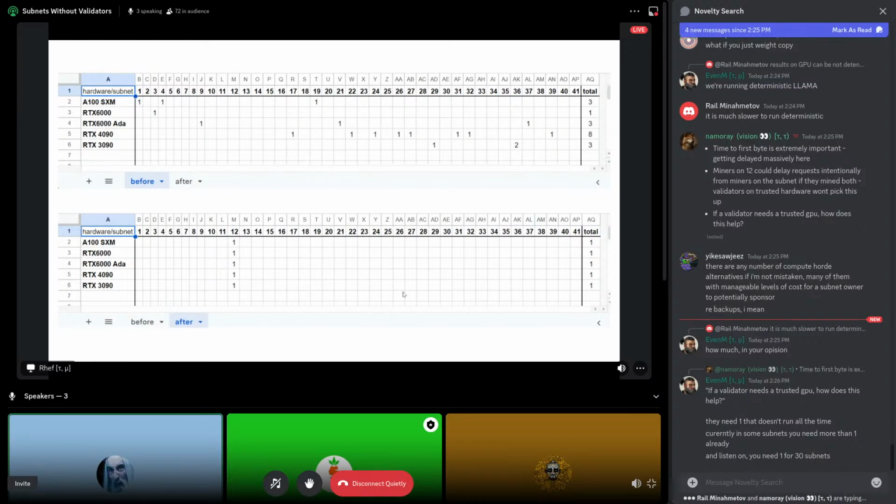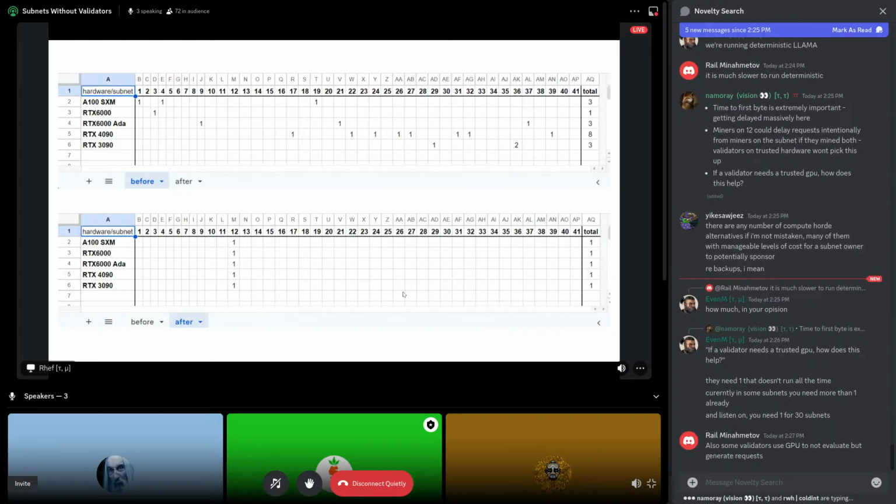Now, why can't we use one graphics card for everything? The determinism is kind of local to a graphics card type. Graphics cards are kind of over-optimized and they lose precision.